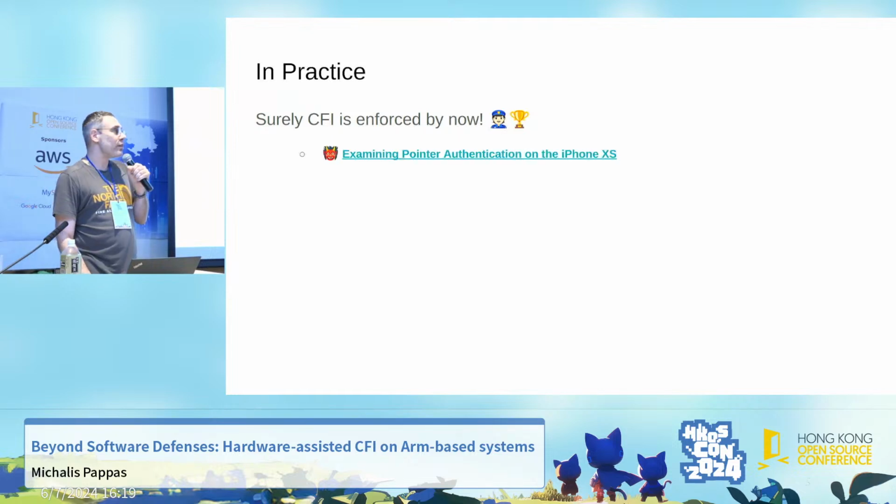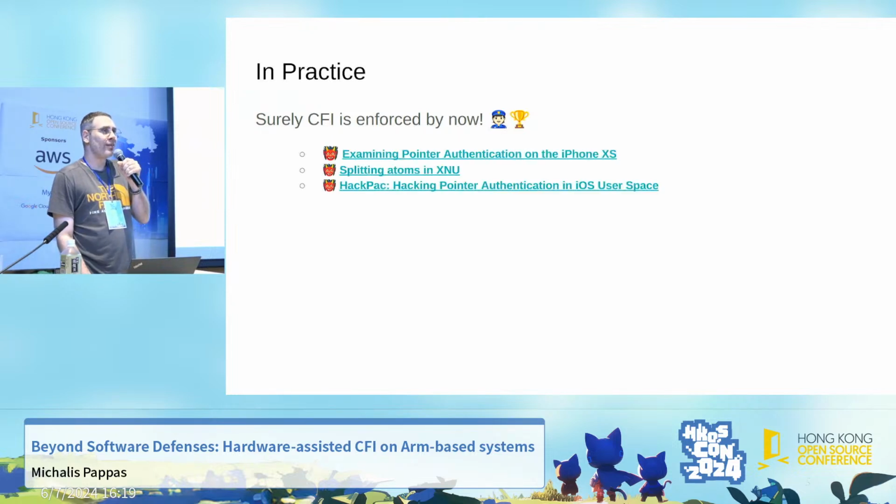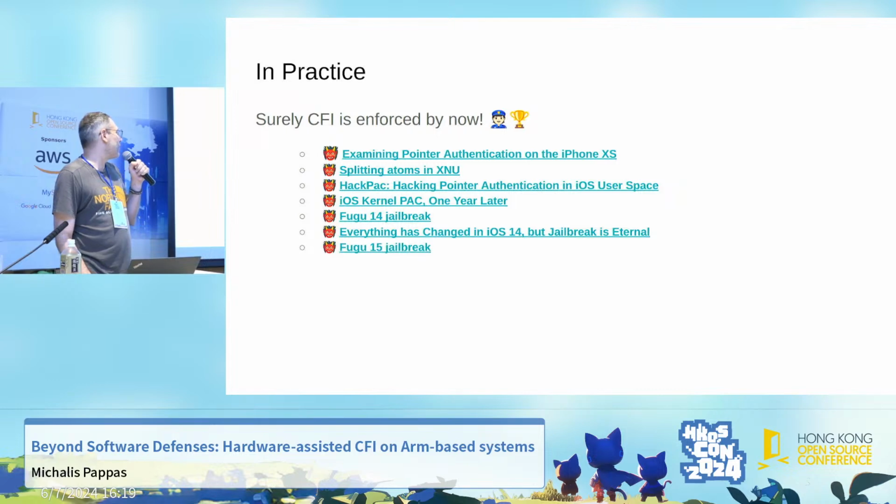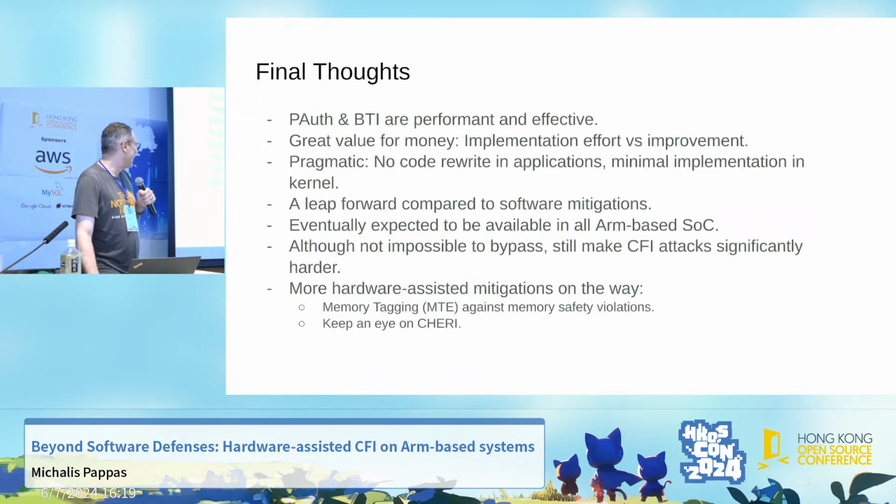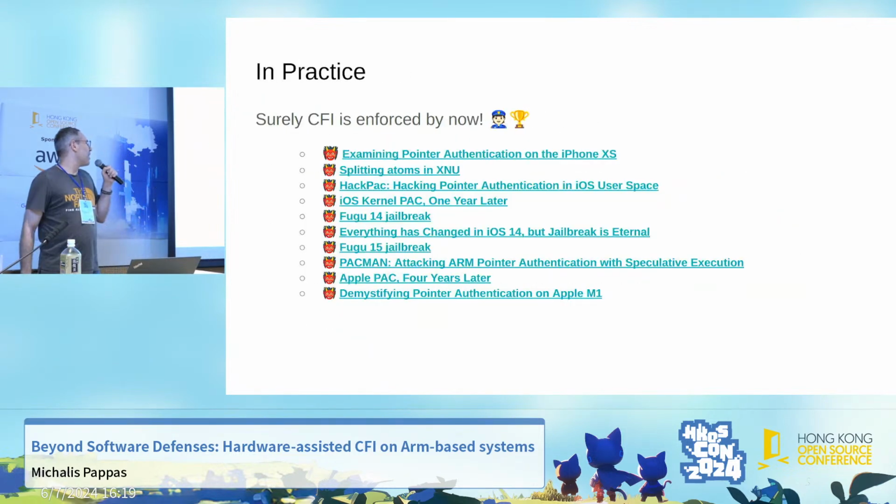And the answer, as you can guess, is no, right? So actually there are a lot of interesting reads on this. PACMAN is a side channel attack, which means that they managed to break Pointer Authentication and BTI via side channels. If I remember correctly, ARM already introduced an extension that addresses this.